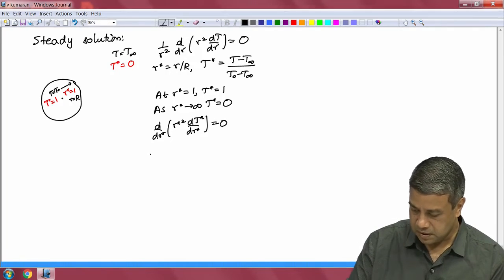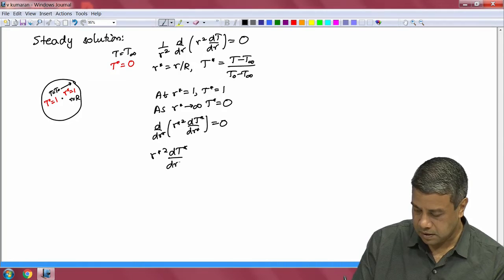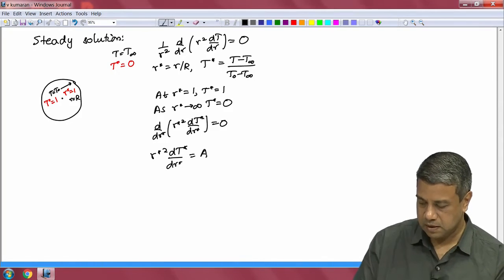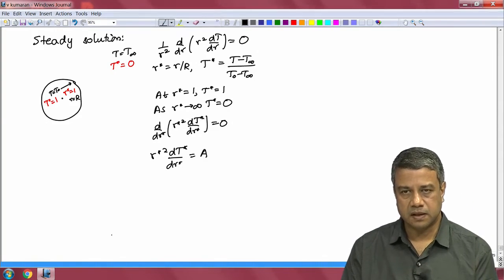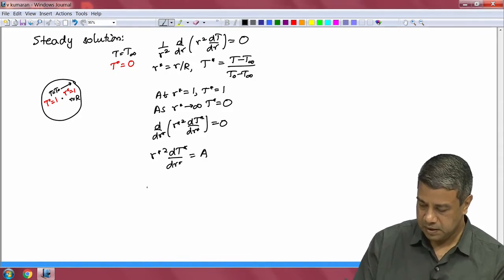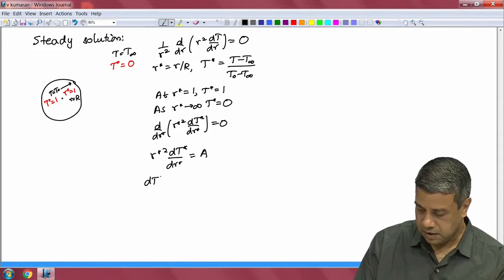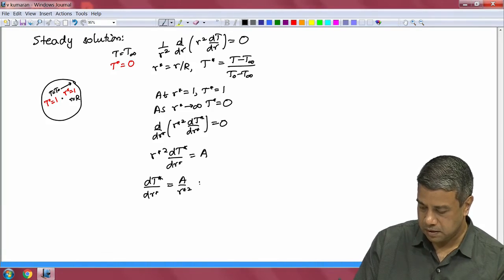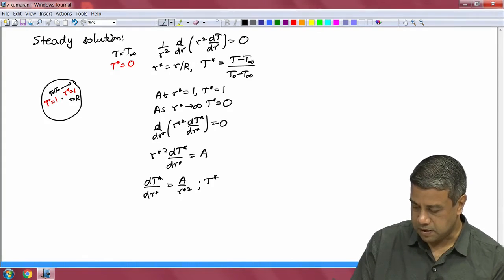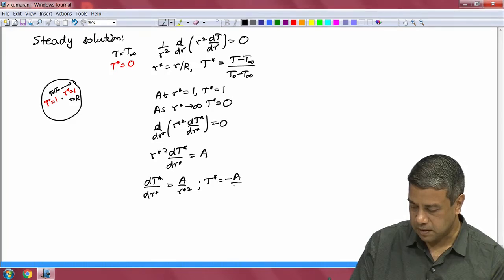So, this gives me r square dT by dr is equal to a constant, if I integrate it once. Therefore, dT by dr is equal to A by r square. Therefore, T is equal to minus A by r plus B.